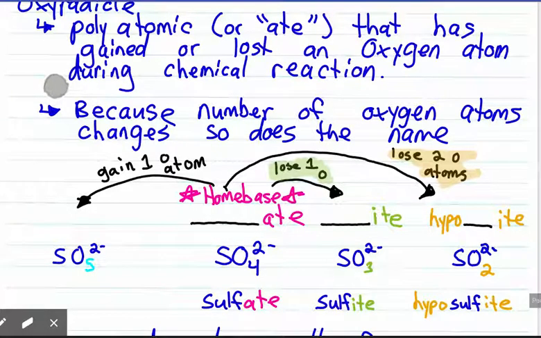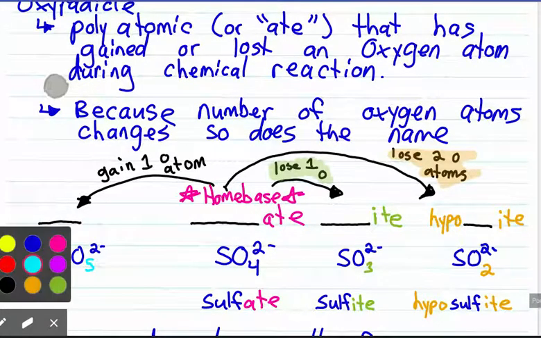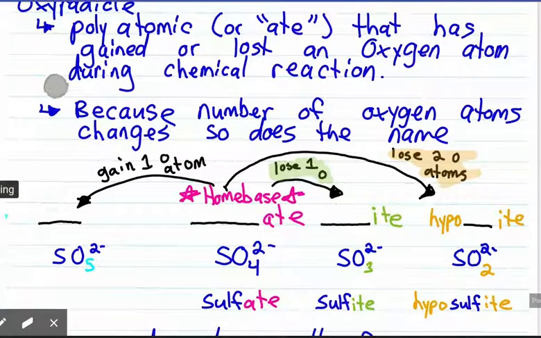Now, because again the number of oxygens has changed, we have something very different than what we had before. We cannot name this sulfate. We have to name it something different. So when it has gained an oxygen, it gets the name per-ate.